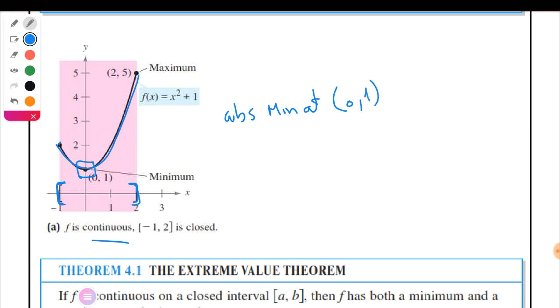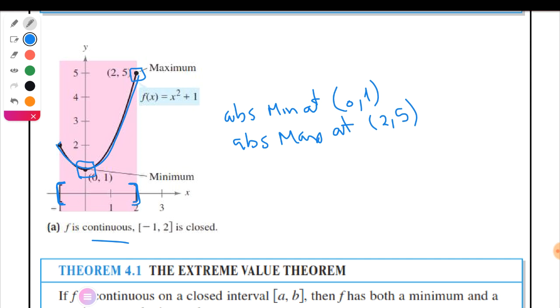By looking at the graph, I can identify where the maximum value or minimum value is. Here on this closed interval, the value of the function is the greatest at the point 2 and 5, the ordered pair (2, 5). That is the absolute maximum, at the coordinate at which we have the absolute maximum.